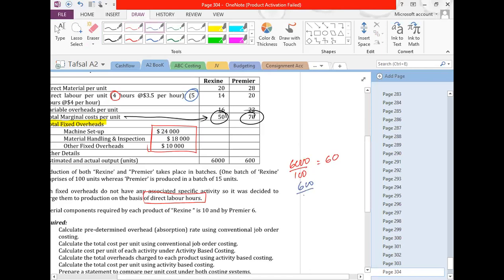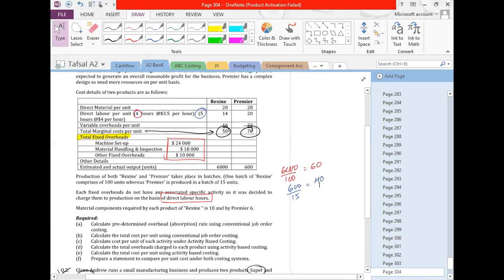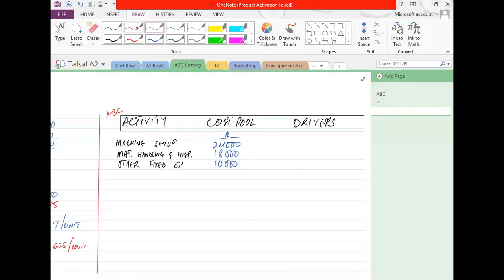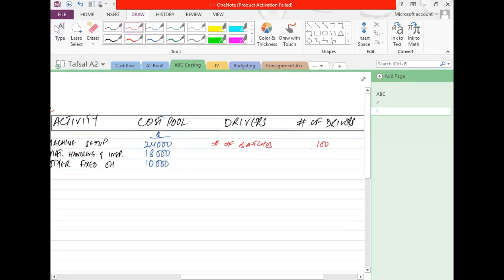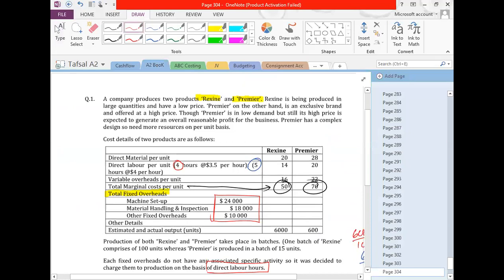Whereas 600 over 15, it is, calculate, 40. Calculator. So this is how we need to calculate the drivers. Driver name is number of batches. The total batches are 100. So try to identify these.